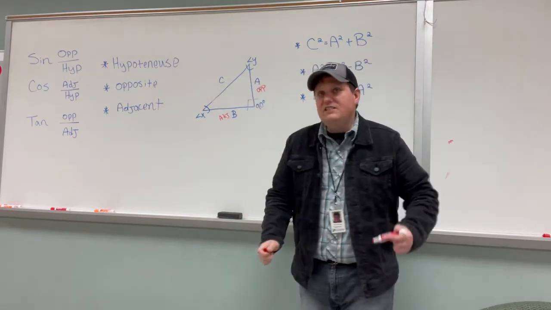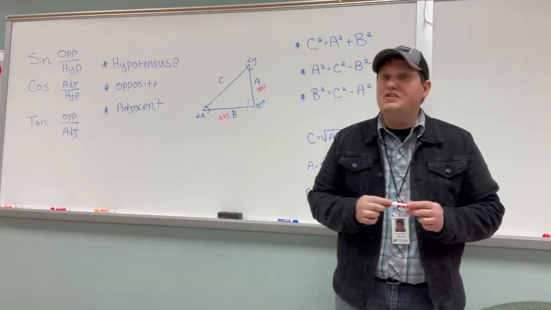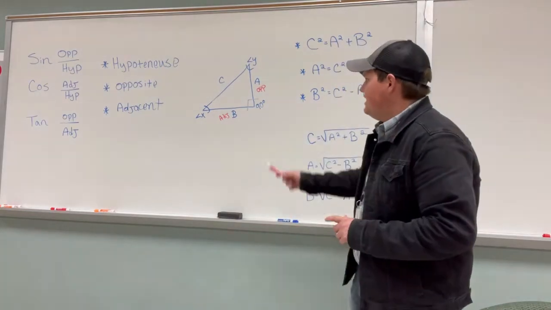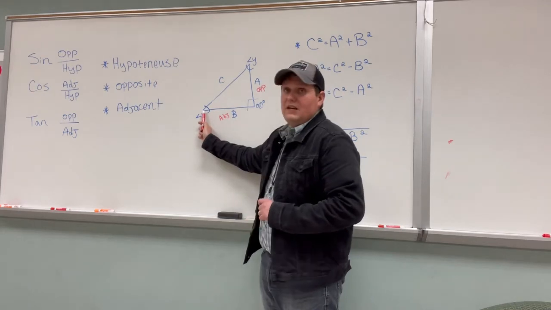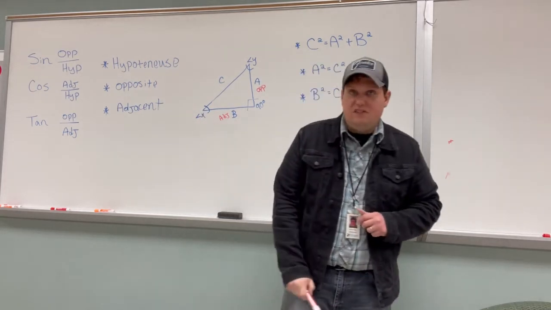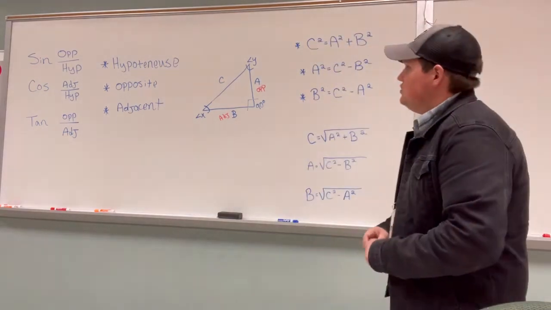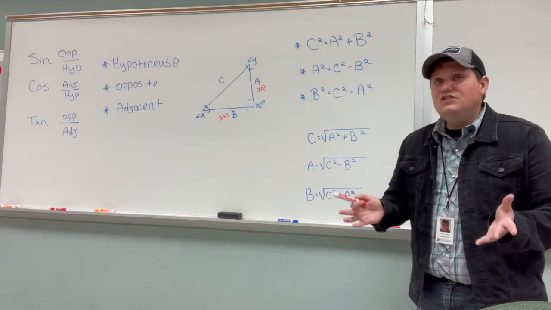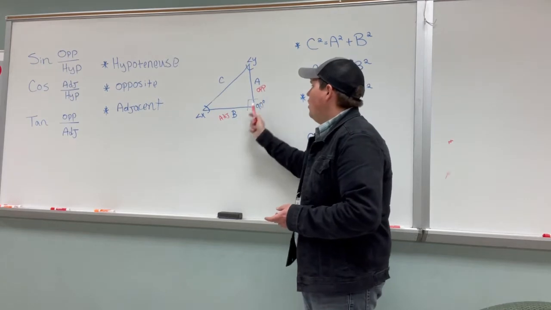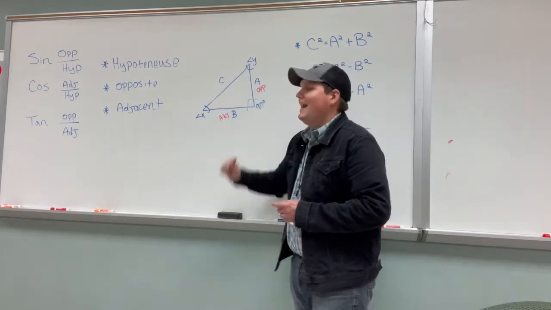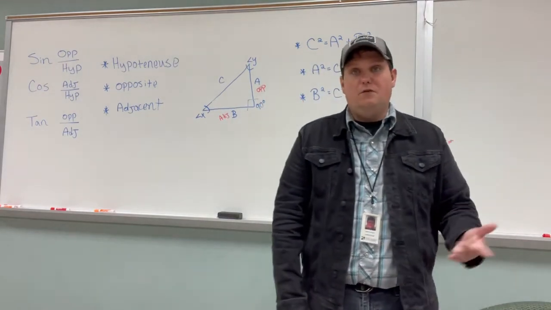The adjacent side is pretty easy to pick out, just like the opposite. The adjacent side is the side that always intersects with the angle that you are referencing. Okay? So, pretty simple. Hypotenuse is the longest side, and then the other two sides are all determined by which angle that you are coming from.